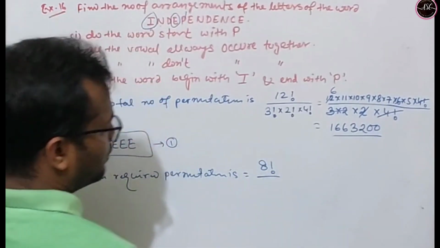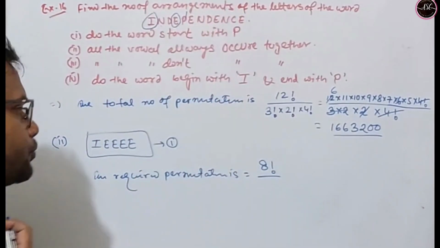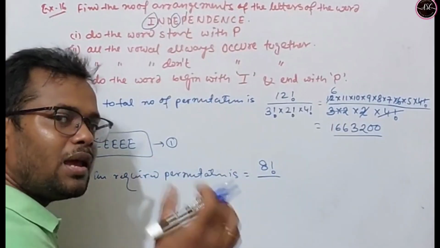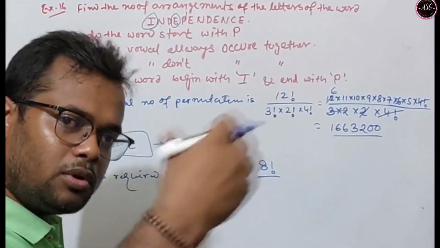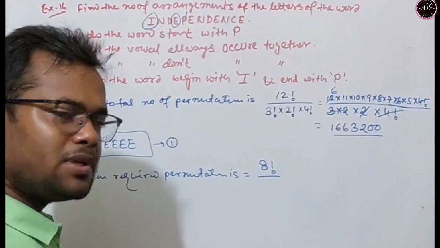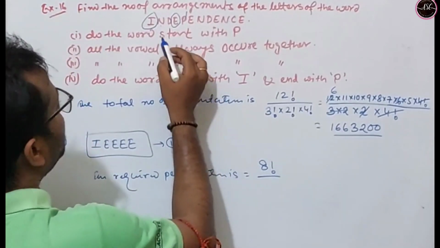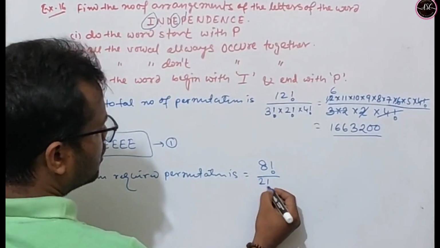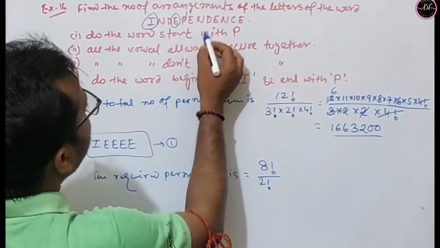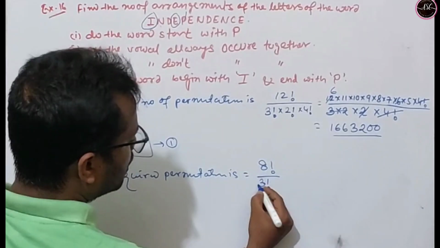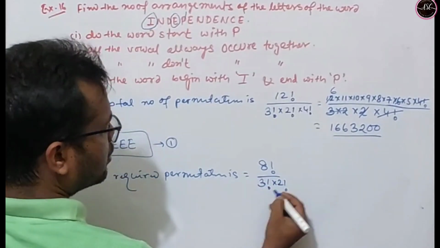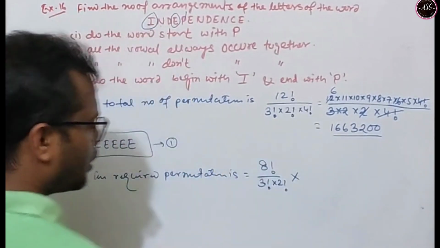8 factorial divided by, within these 8 letters, which letters occur several times, that means there is repetition. Here, look, N repeated 2 times, that means divided by 2 factorial, and D repeated 2 times, into, why into?